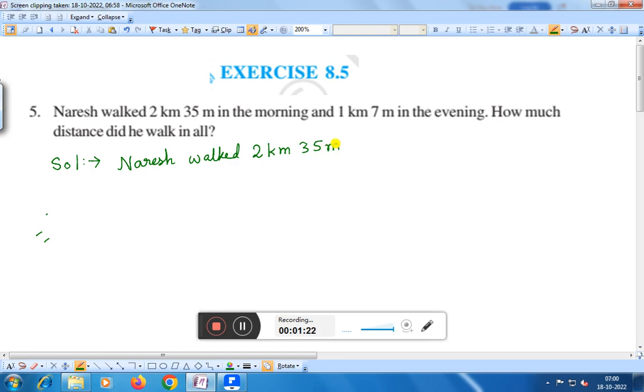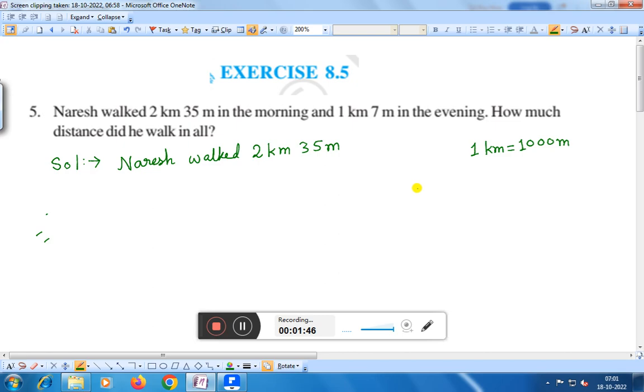Here you see there are two units, one is kilometer and one is meter, but you have to change it into kilometer, right? That means we know that 1 kilometer is equal to 1000 meter. We know this one, right?